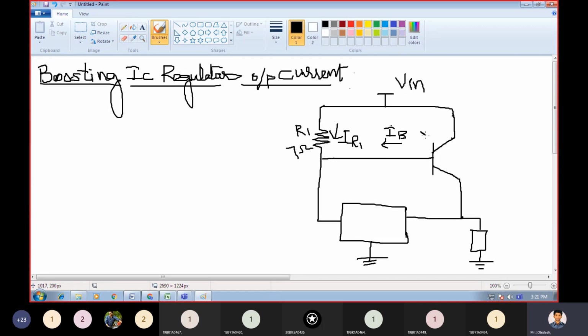This is the VEB, the emitter-base voltage. In this, the current IC will be flowing. This is the collector current.